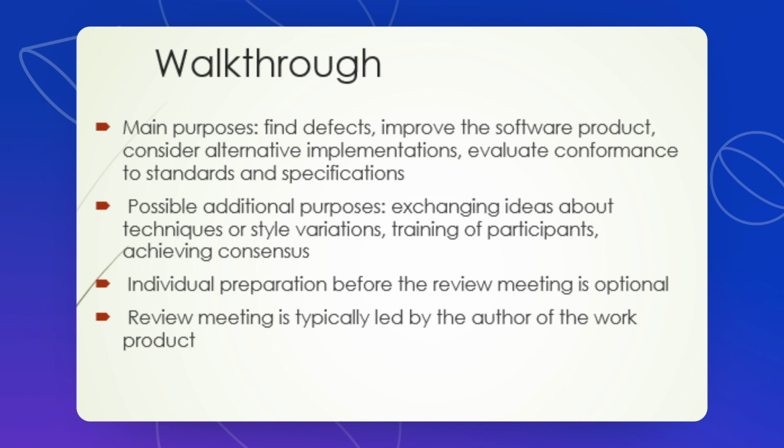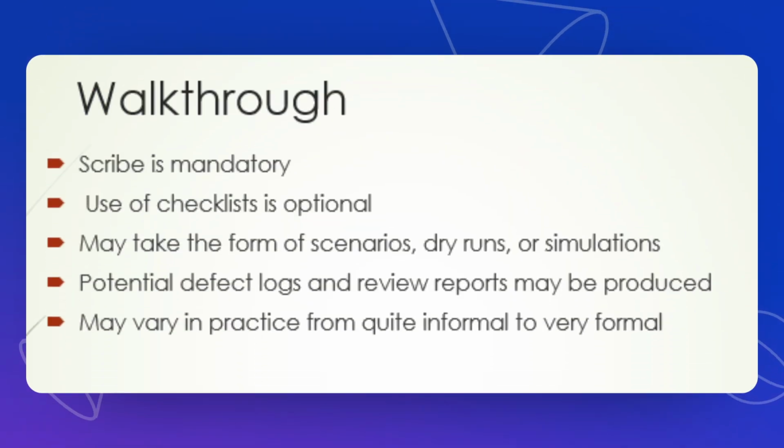In the walkthrough case, individual preparation before the review meeting is something you can do if you wish. The review meeting is typically led by the author of the work product. In this case the author leads and asks for a walkthrough, so the work can be improved.